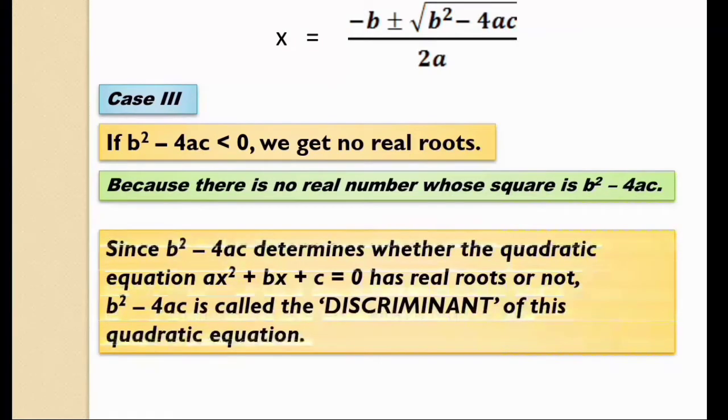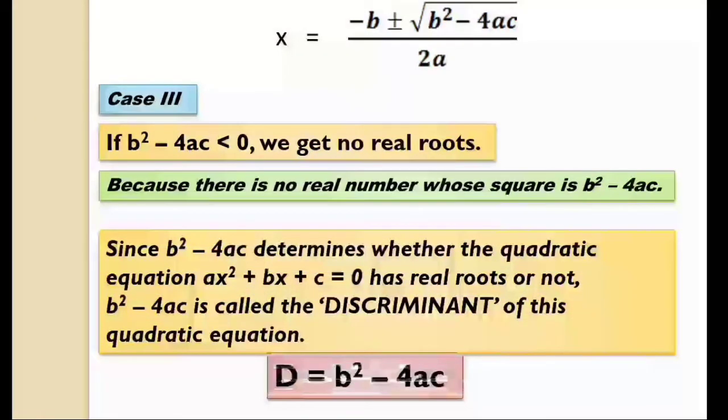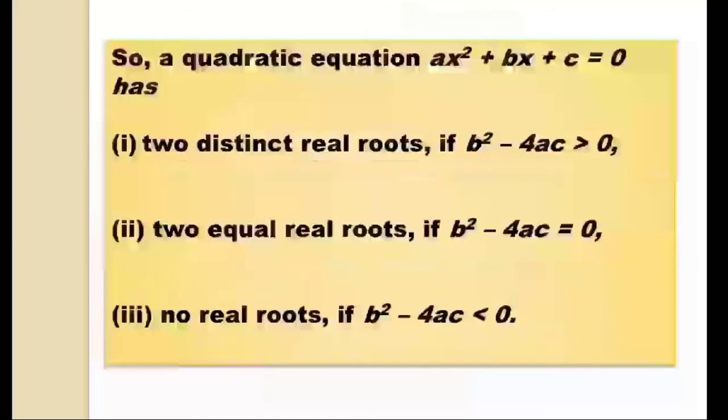As you have seen here, students, b² - 4ac determines whether the quadratic equation ax² + bx + c = 0 has real roots or not. So b² - 4ac is called the discriminant of this quadratic equation, and the formula of the discriminant is D = b² - 4ac.